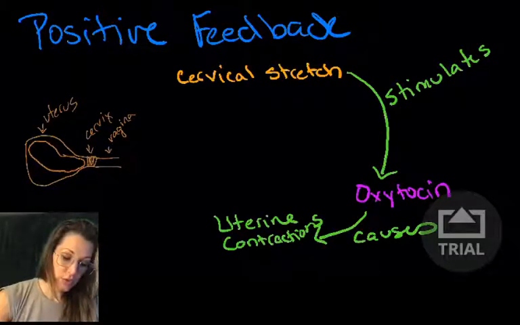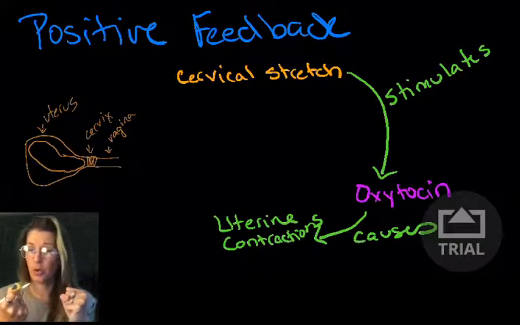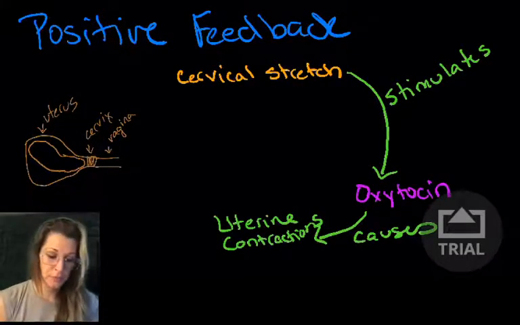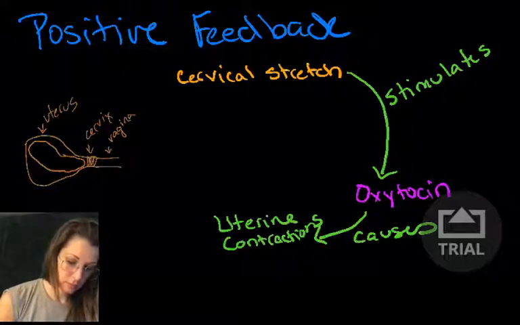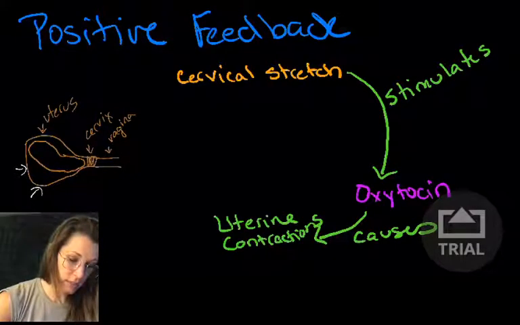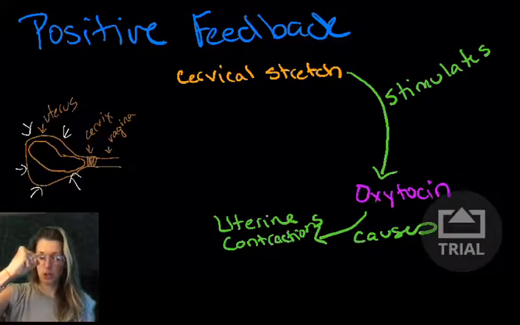The uterus is this amazing, wildly muscular organ. So if the uterus contracts, what does contraction do? It's going to cause the uterus to get smaller, like my fist. Contraction.